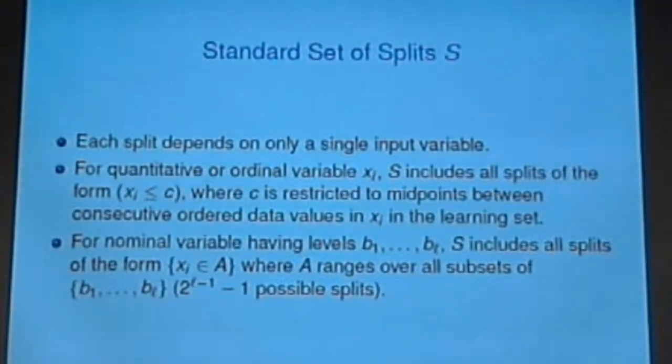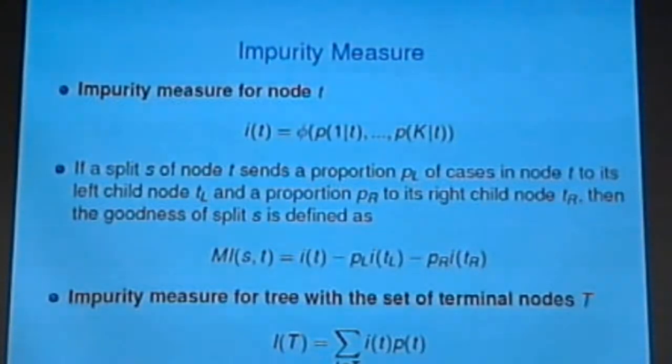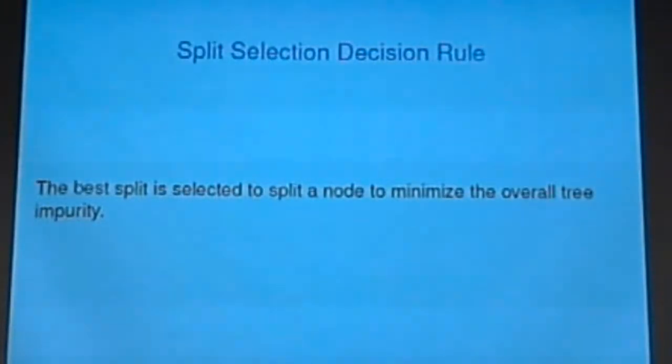Of course, among them, one will produce the best split, or at least there are probably some ties. Look at the goodness of split. Remember we mentioned that earlier. Then look at how good that split is.